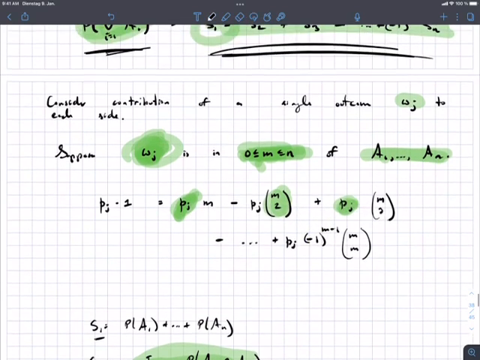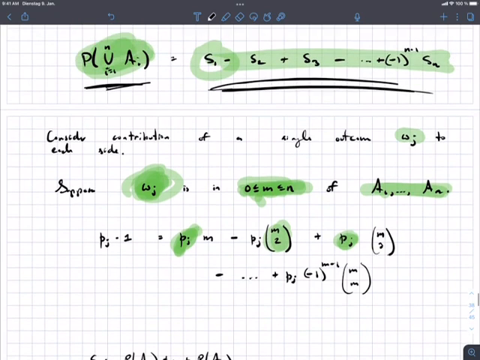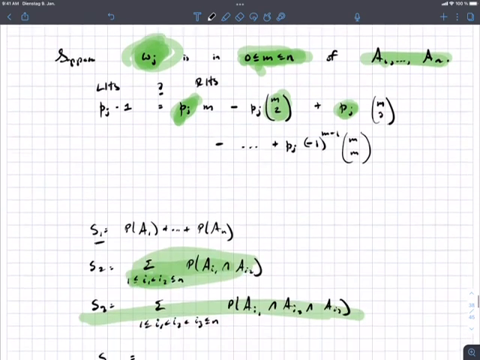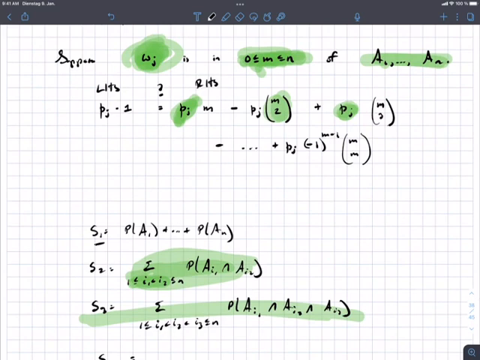Okay, and so this was the contribution to the left-hand side, and all of this was the contribution to the right-hand side. We need to show that they're equal. So I have pj everywhere, and on this side I just have 1.